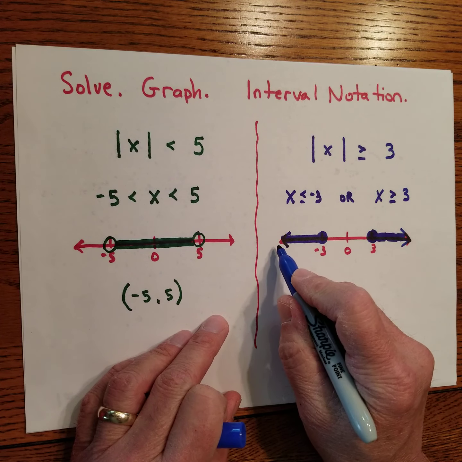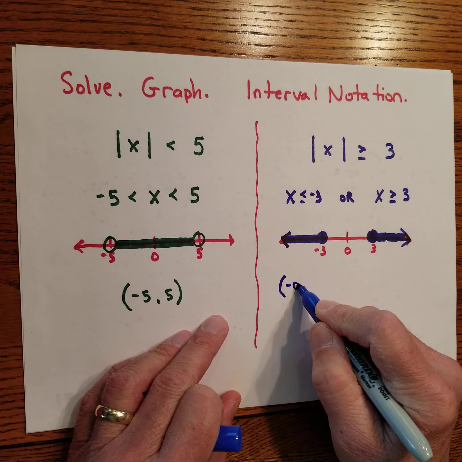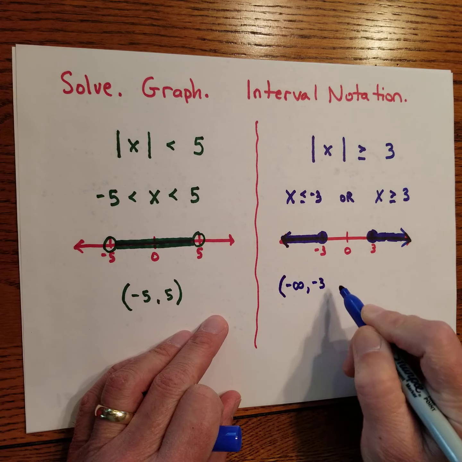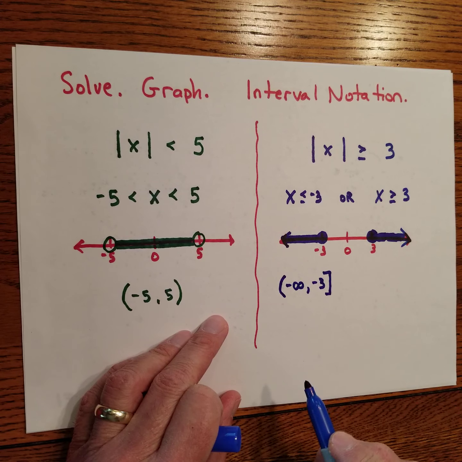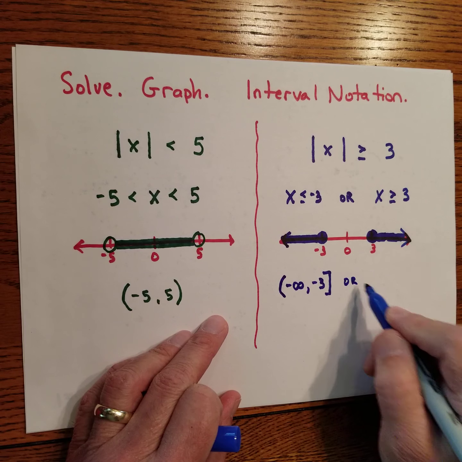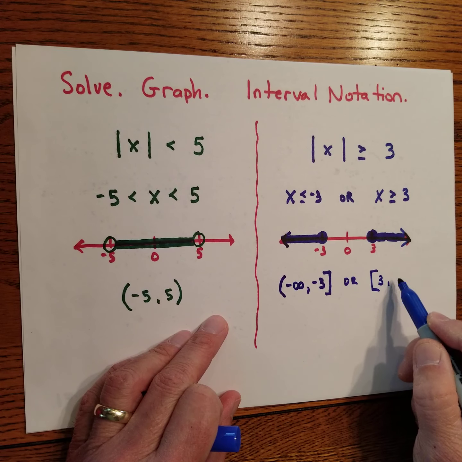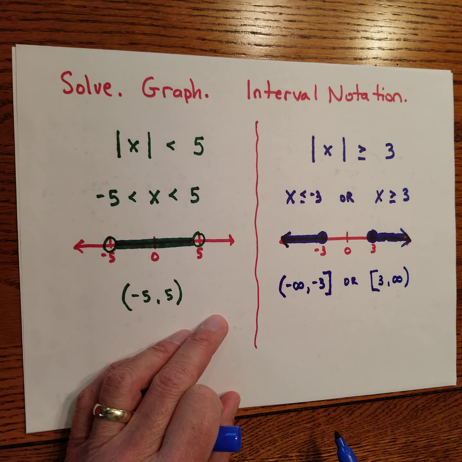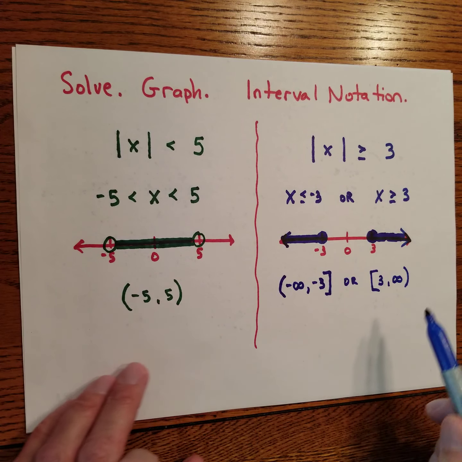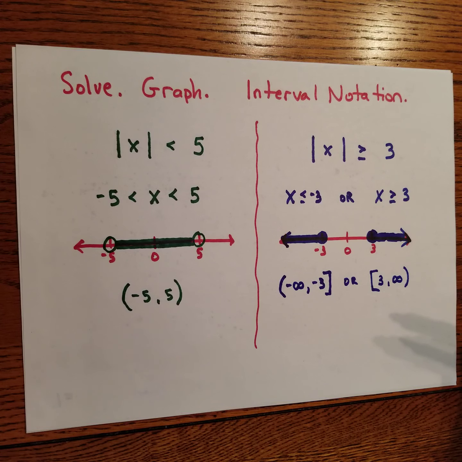As an interval, this part of the graph covers everything from negative infinity to negative 3. The strong bracket shows that we want the 3. Or we've also covered up all the numbers from 3 to positive infinity. So when you're working your homework problems, here's the way your answer should look: solve, graph, interval notation.